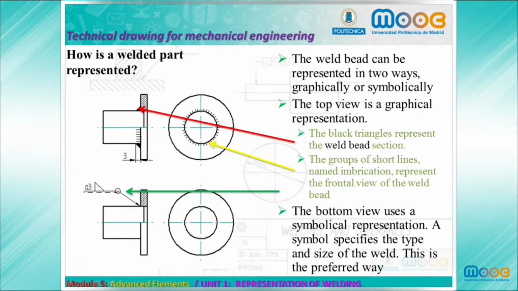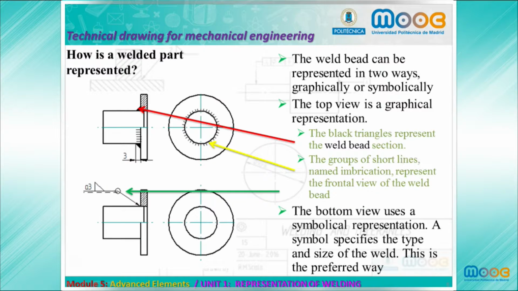How is a welded part represented? The weld bead can be represented in 2 ways, graphically or symbolically. The top view is a graphical representation where the black triangles represent the weld bead section.